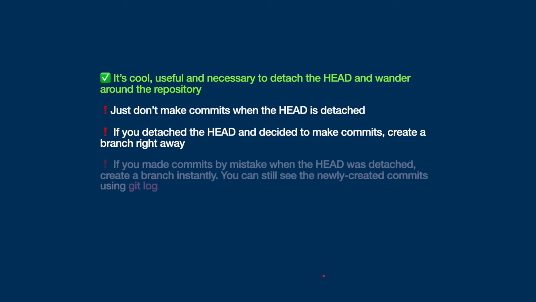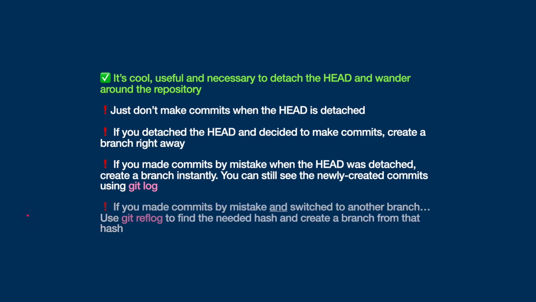If you made commits by mistake when the head was detached, create a branch instantly. You can still see the newly created commits using git log. If you made commits by mistake and switched to another branch, use git reflog to find the needed hash and create a branch from that hash.